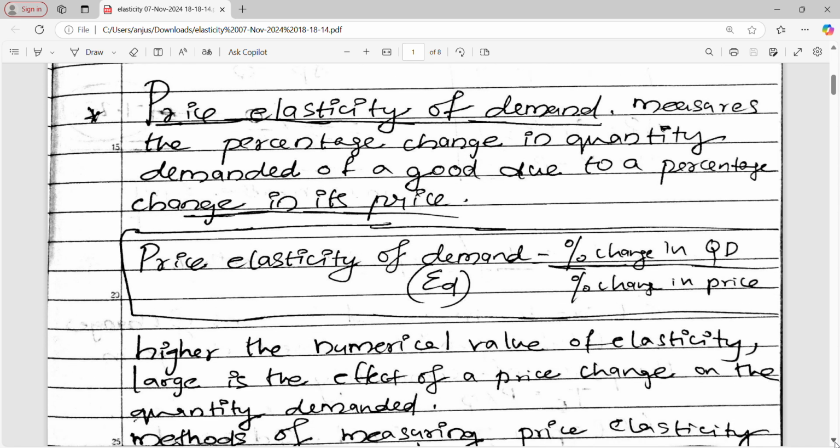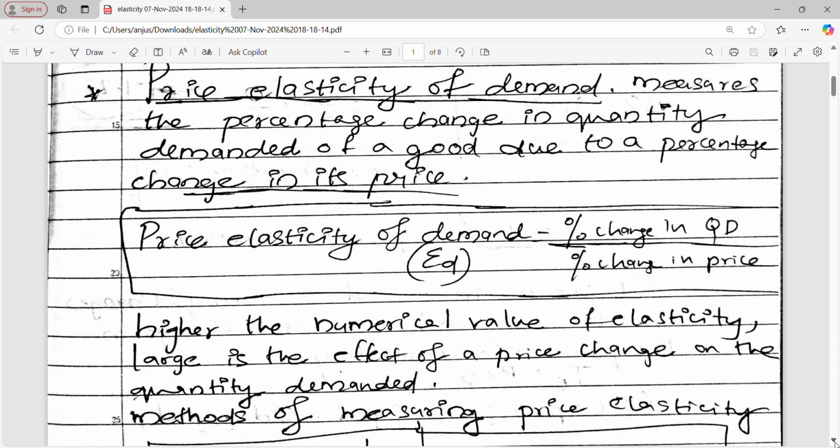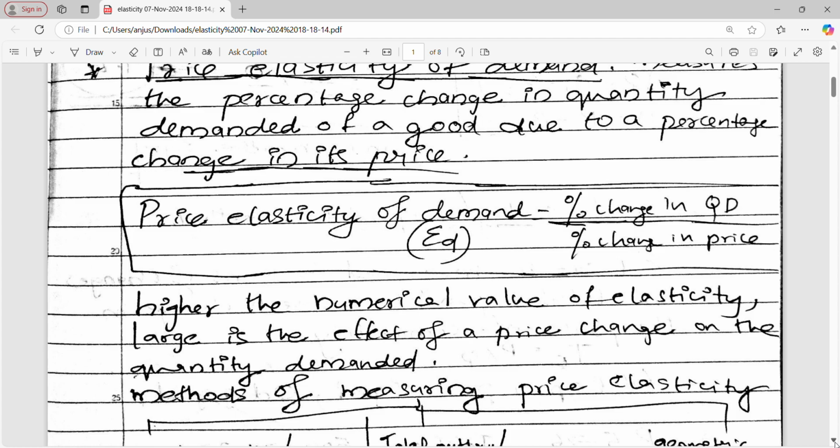This measures the percentage change in quantity demanded of a good due to a percentage change in its price. As I said, the example of the pen. This is how we denote price elasticity of demand: first we write P, then E, price elasticity of demand.